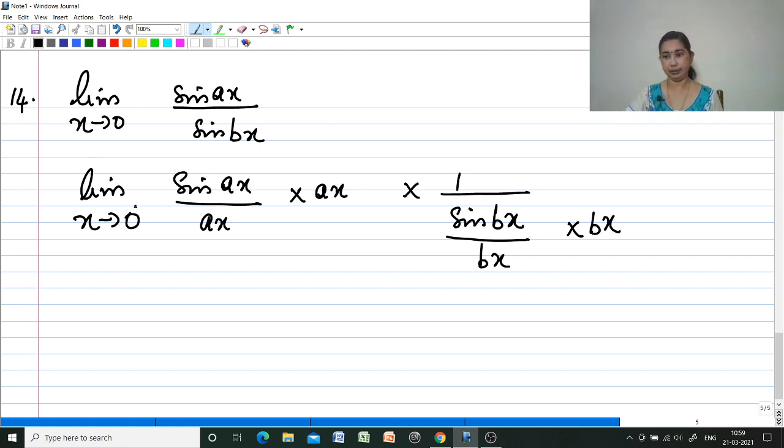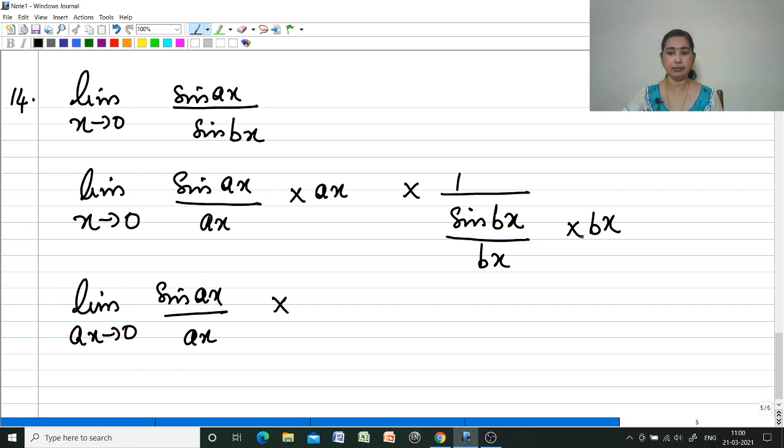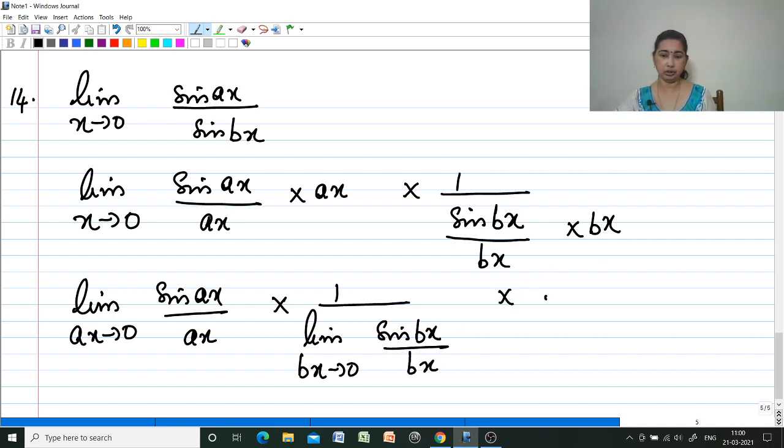So now we can apply the limit. Applying the limit as x tends to 0, sin Ax, we have to change it to sin Ax by Ax, into Ax and Bx, we can write it at last. Then here 1 by limit Bx tends to 0, sin Bx by Bx, then into Ax by Bx.